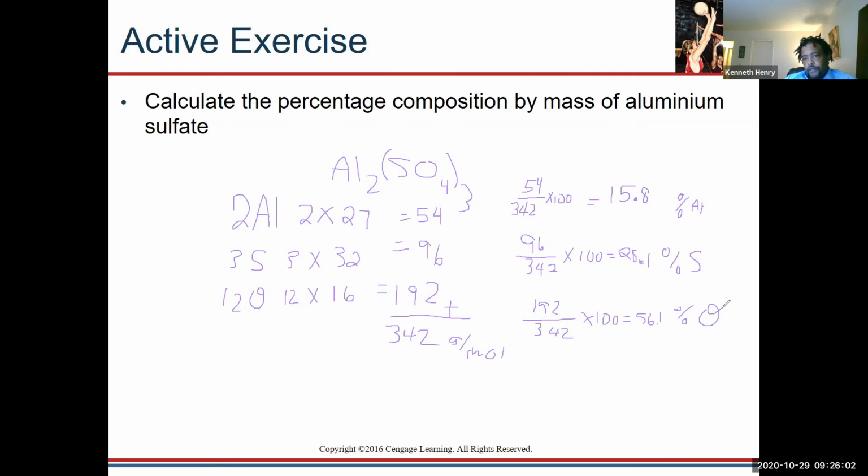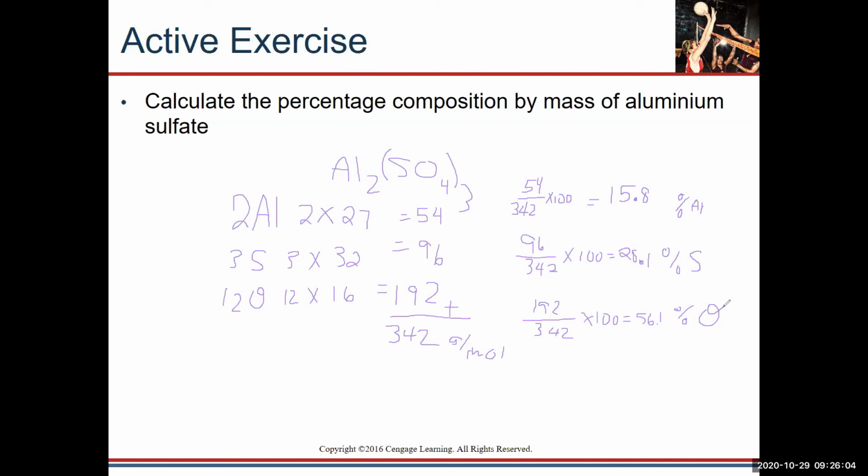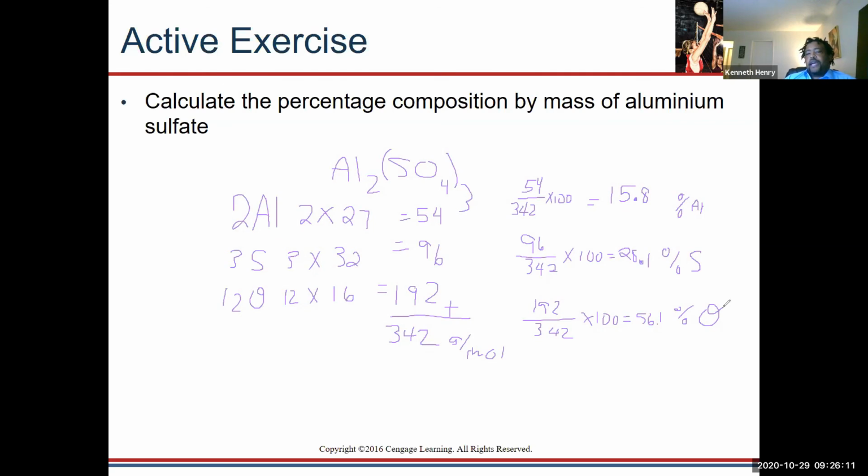Yes. So Mandy, not Maddie, Mandy asked, for your short answers like this, do I want the units at the end of it? You always want to put your units because you could be talking about pies, I don't know.